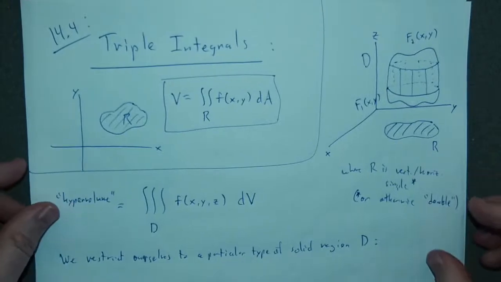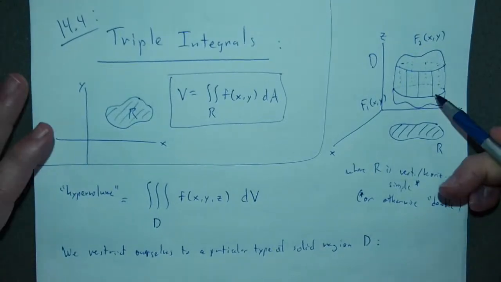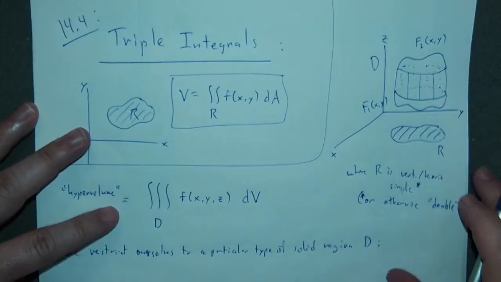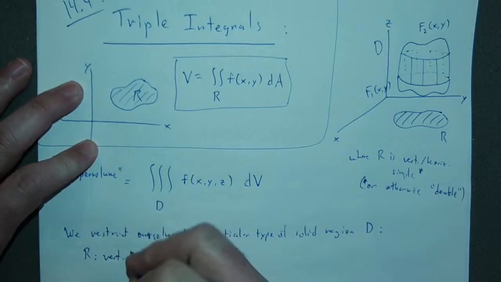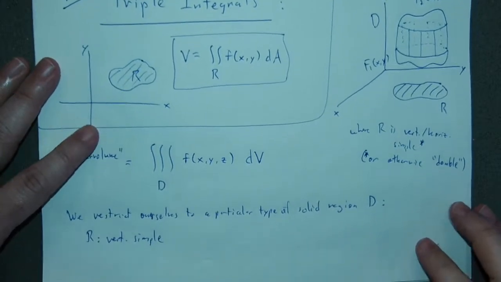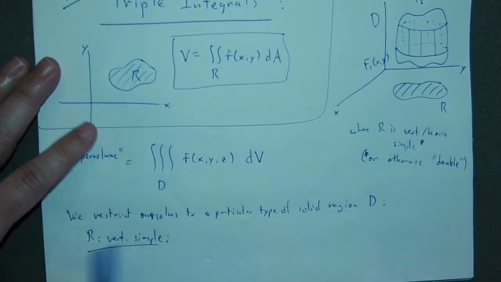Okay, and so that region D, let's see here. So we've got our region D. How can I describe this region? Let's say that R is vertically simple. I know what this means, right?